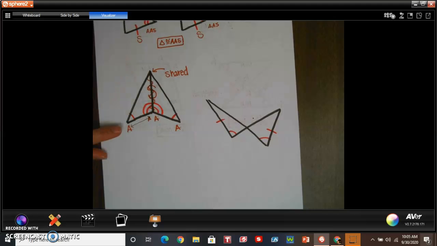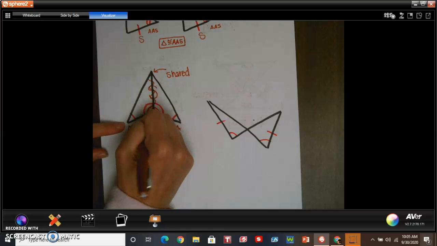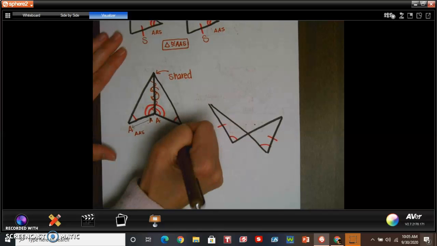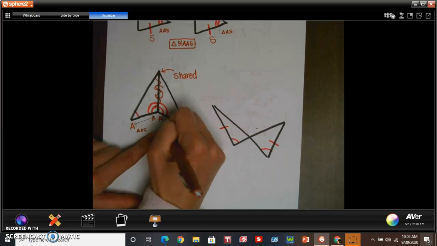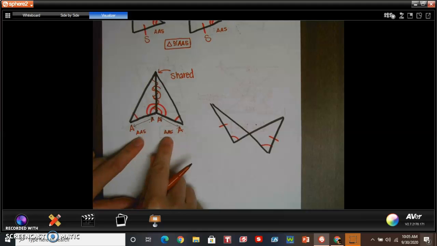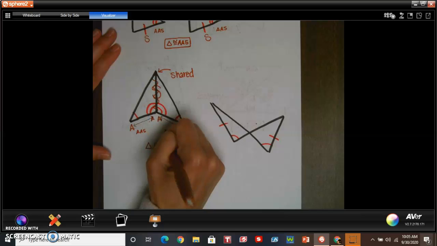Okay, it's not between them on this side, so this one is definitely angle, angle, side. Let's check the other one. Not in between on this one, so this one is also angle, angle, side. Do they match? Why, yes, they do. So we can say that the triangles are congruent by angle, angle, side.